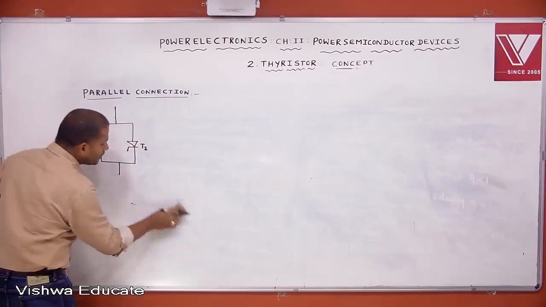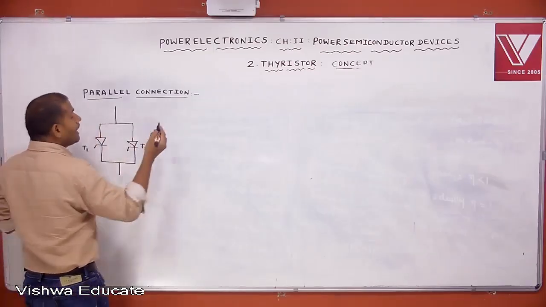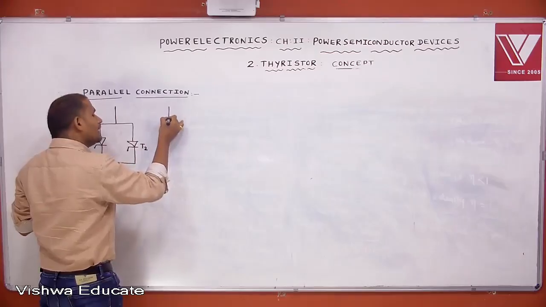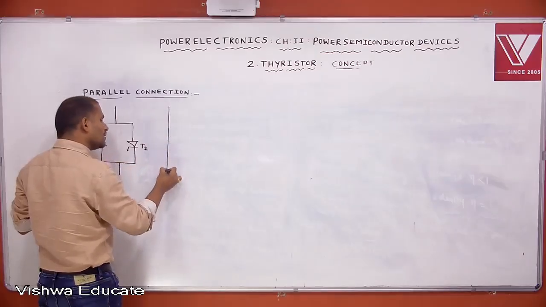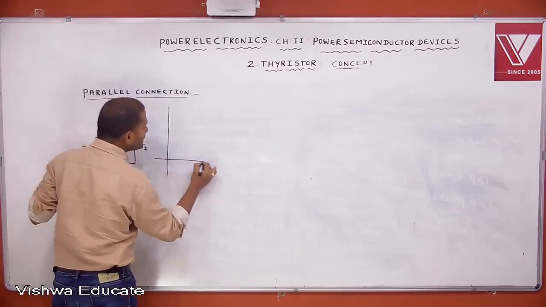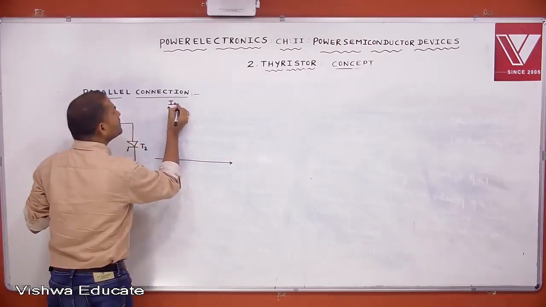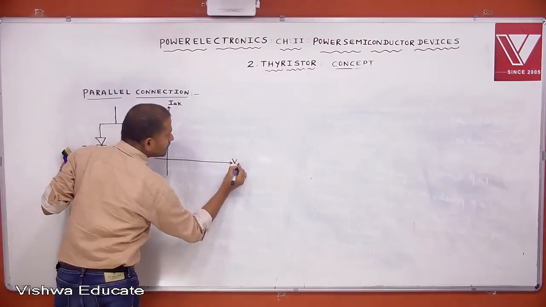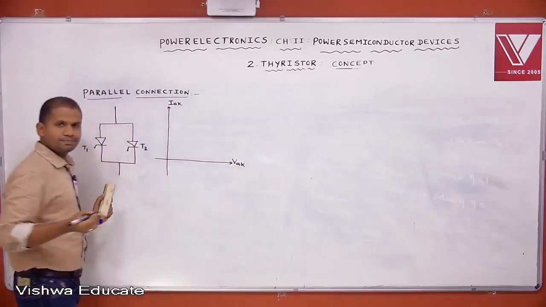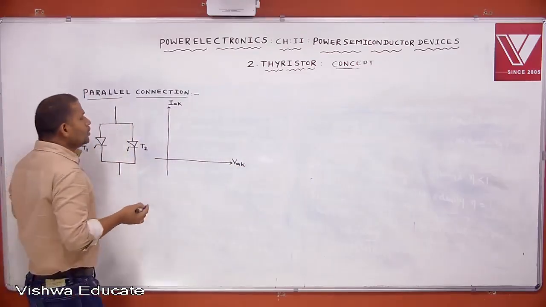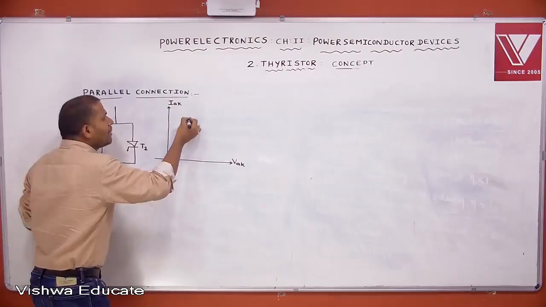Now consider only the forward conduction mode characteristics of the thyristor. This is anode to cathode current and this is anode to cathode voltage. Let two thyristors be conducting.